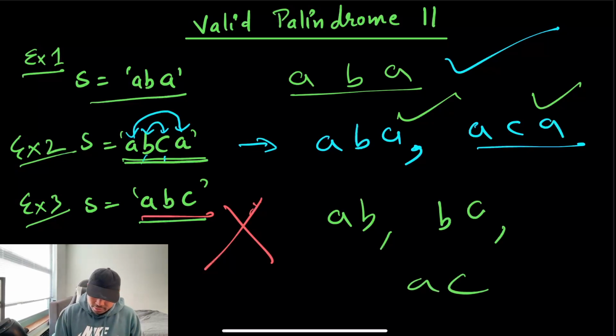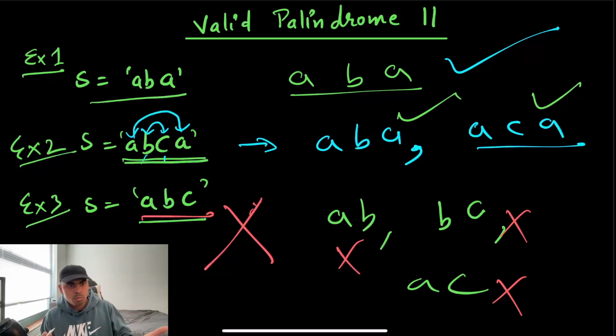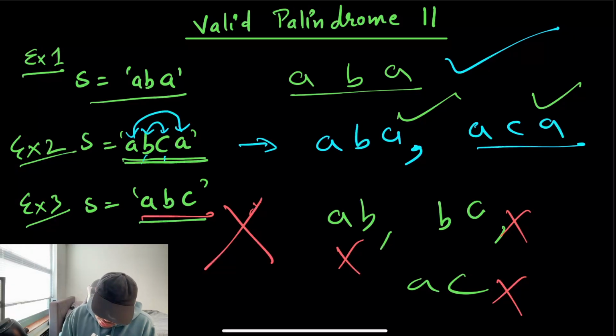So none of them become a palindrome even if we choose to delete one character from the given string. So how are we going to do it? It's a two-pointer approach thing, so we're going to use constant memory and play around with the pointers. How we do it is the biggest question.